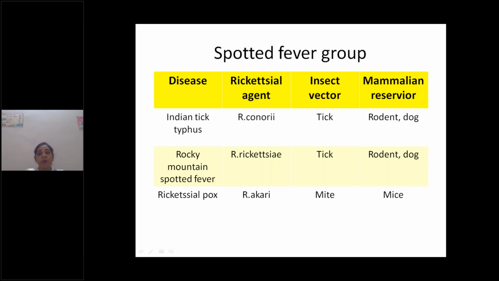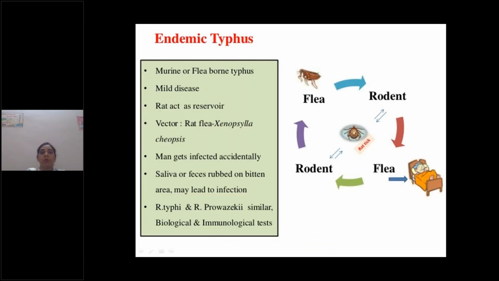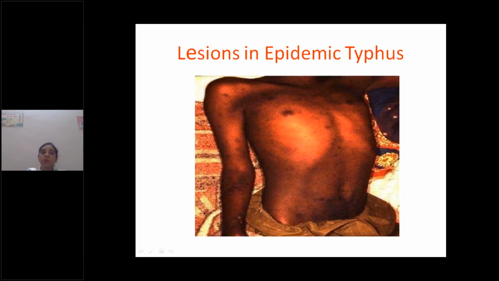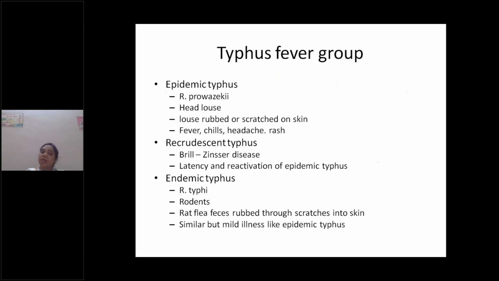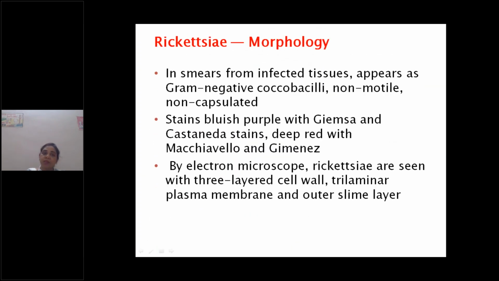Reservoirs for both are rodents and dogs, whereas Rickettsialpox is transmitted by mites, and its reservoirs are mice. So up to here, you have learned in yesterday's class, right?